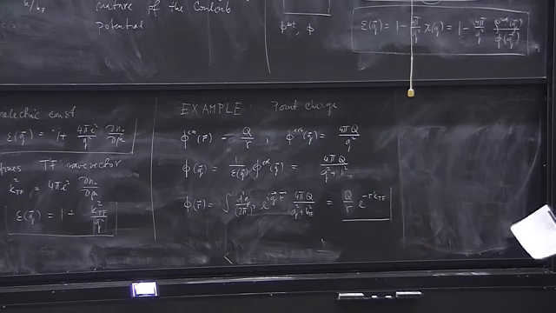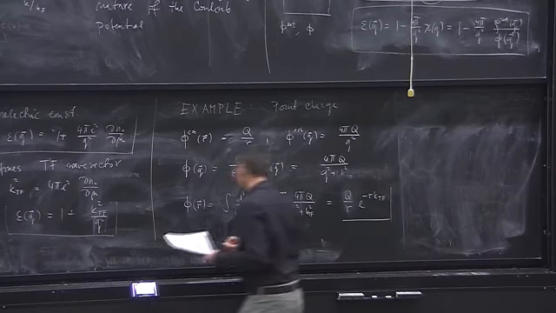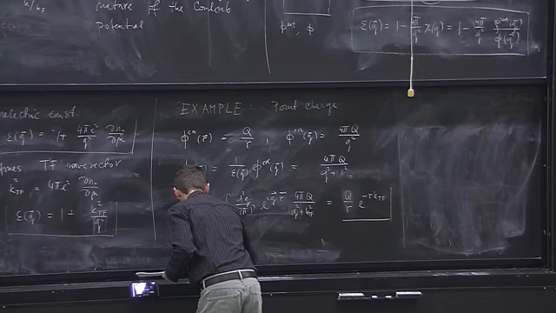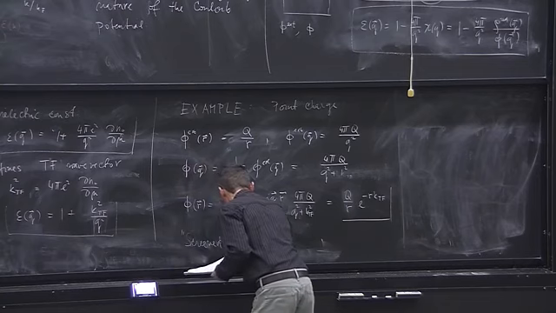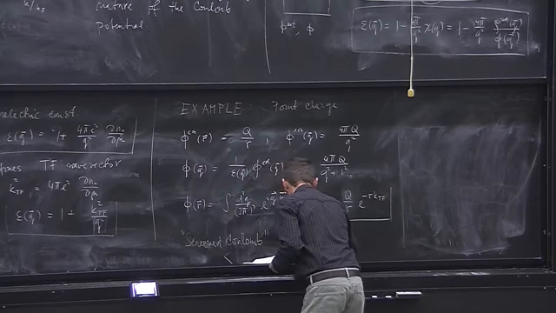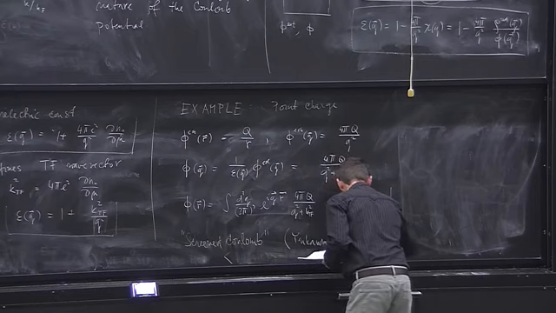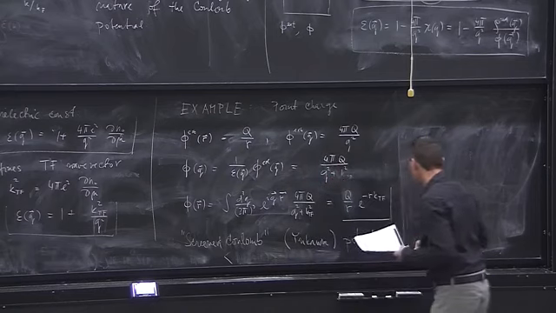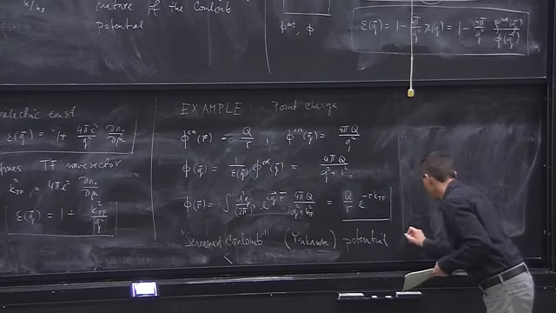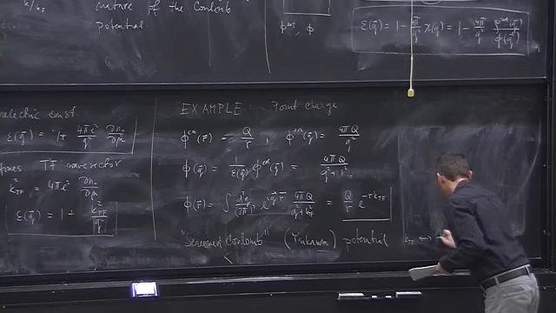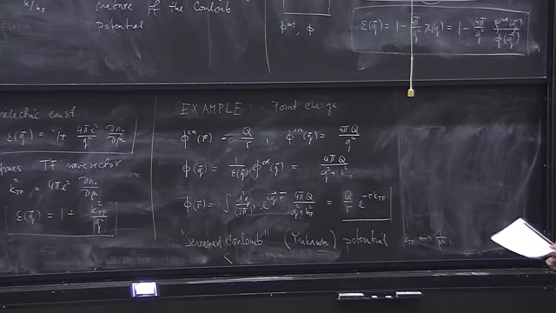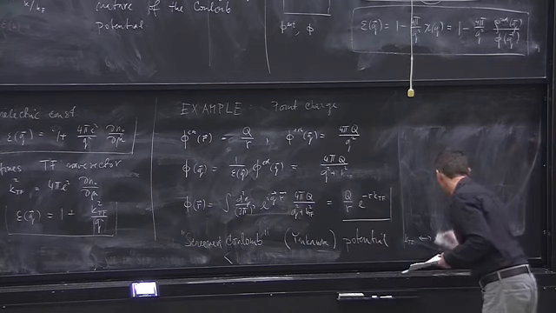So this is the screened Coulomb as we know it, or sometimes called Yukawa potential, if we identify k Thomas-Fermi with mu.